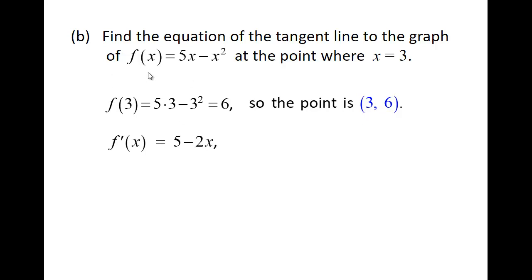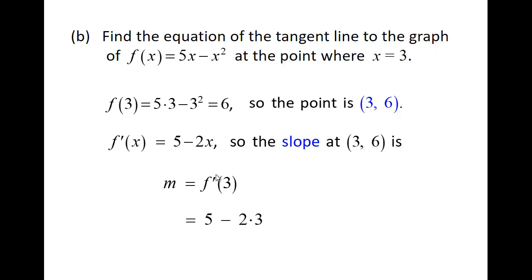Now f prime of x is 5 minus 2x, which we calculated in the previous slide. The derivative of f evaluated at 3 would be the slope. So f prime of 3 is 5 minus 2 times 3, which is equal to negative 1. So the slope of the tangent line at the point 3, 6 is negative 1.